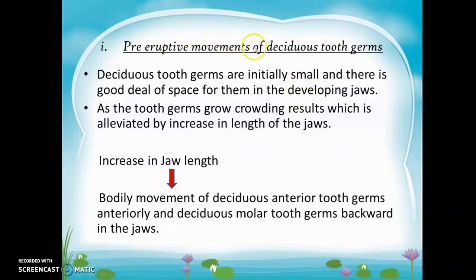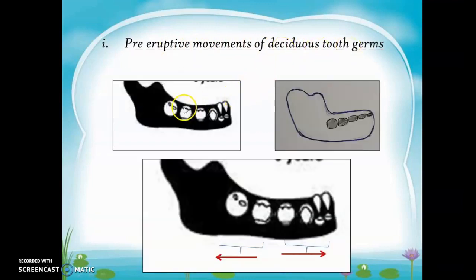Let's see the pre-eruptive movements of deciduous tooth germs. As you can see in this image, initially the primary tooth germs, the deciduous tooth germs, are small in size and there is a good deal of space between them. But as the tooth germs develop, they grow in size and this results in crowding.